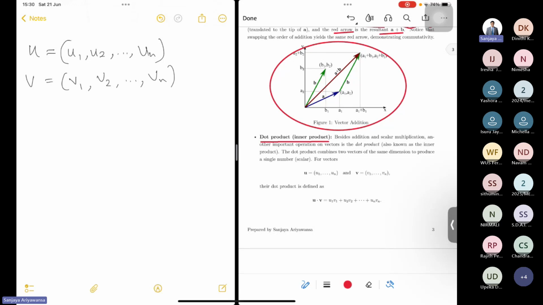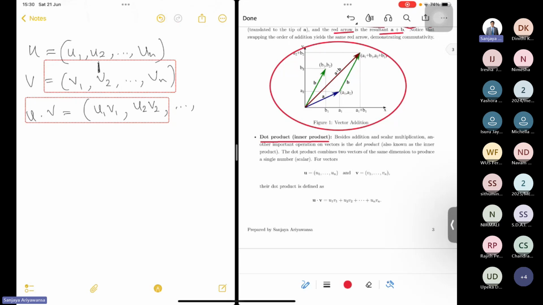So what is this dot product? The dot product u dot v is defined as you multiply each pair of corresponding components. You multiply u1 with v1, that's the first term in u dot v. The second term is u2 times v2.